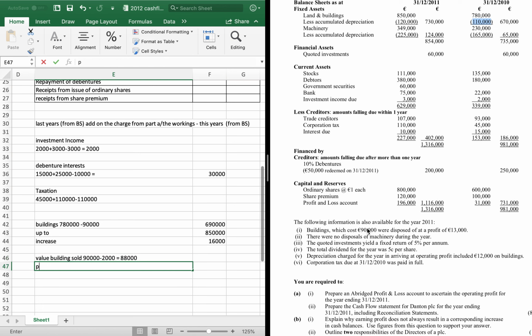We're told then that we made a profit, and the profit was 13,000. So if something is valued at 88,000 and we make a profit of 13,000, then we must have sold it for 88 plus 13, which is 101.